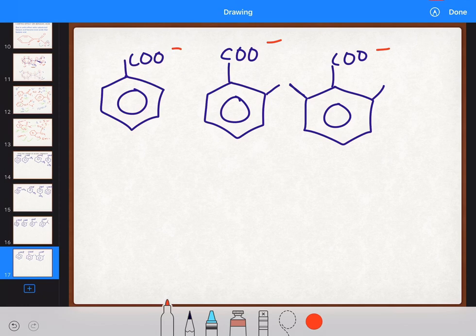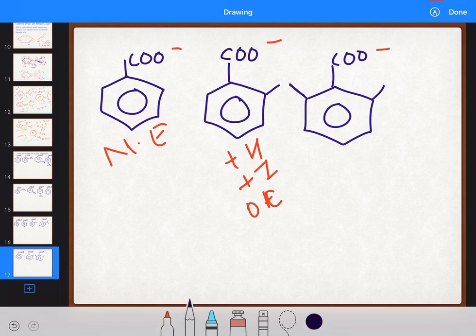Okay, now see, the first one has no effect. This one has plus H as well as plus I, and ortho effect. How many ortho effects? It has one ortho effect.